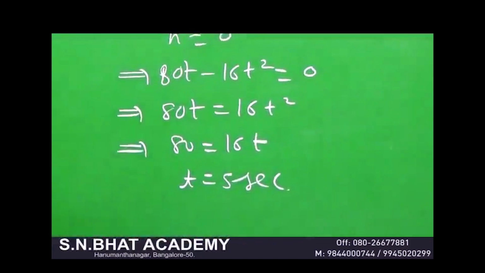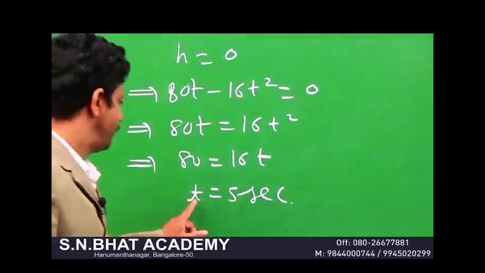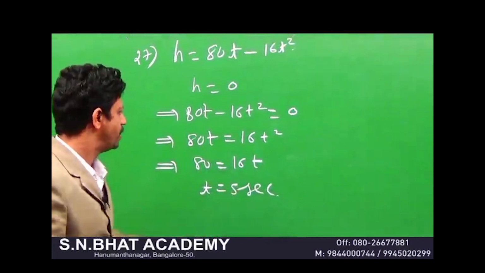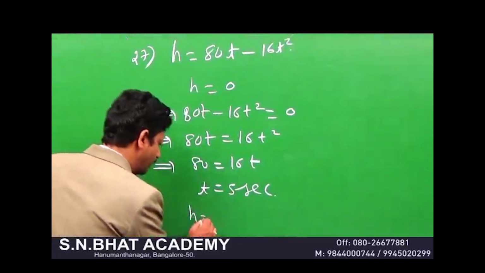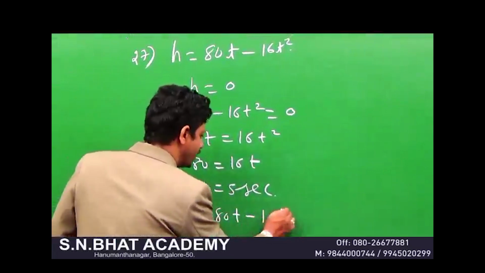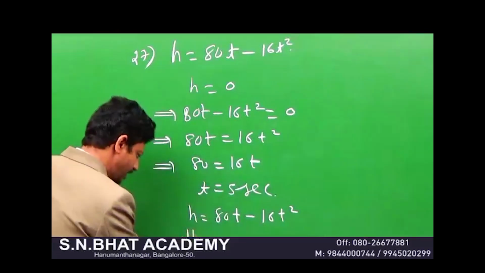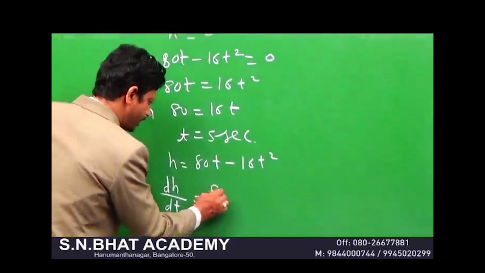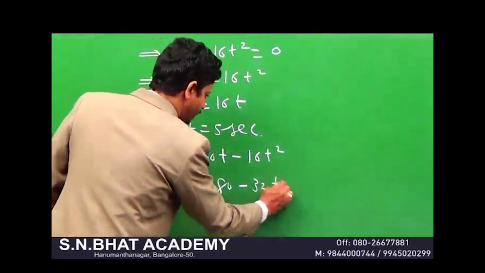So it takes 5 seconds to hit the ground, and we have to determine the velocity at the end of 5 seconds. To determine velocity, we have to differentiate h. h is 80t minus 16t square. dh by dt gives velocity. So dh by dt is 80 minus 32t.